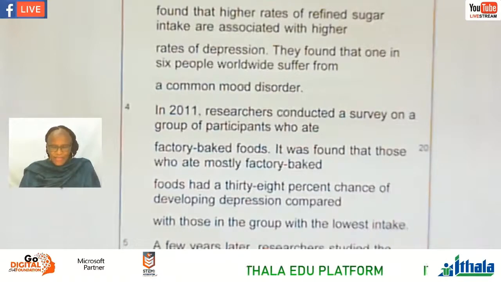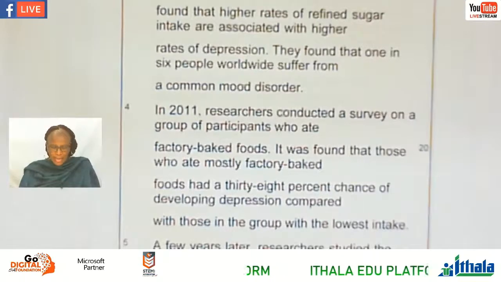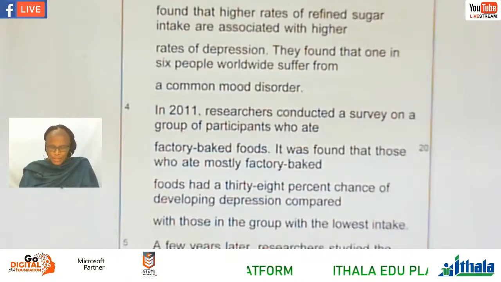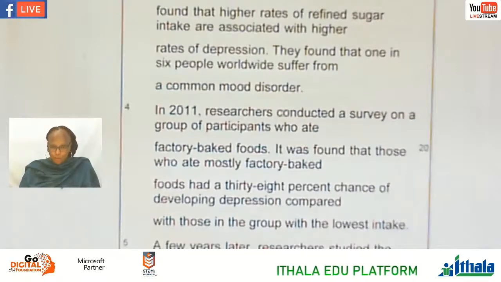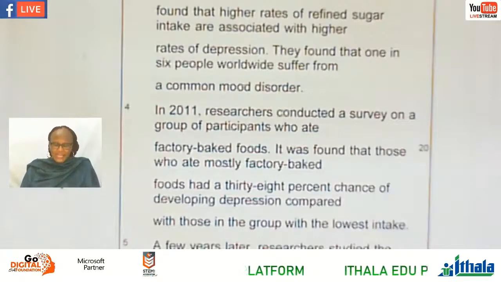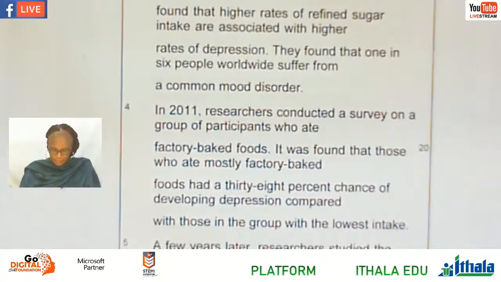It was found that those who ate mostly factory-baked foods had a 38% chance of developing depression compared with those in the group with the lowest intake. A few years later, researchers studied the association between sweetened beverages in a large group of people. They found that sugar-sweetened and artificially sweetened drinks or diet drinks could increase a person's risk of developing depression.